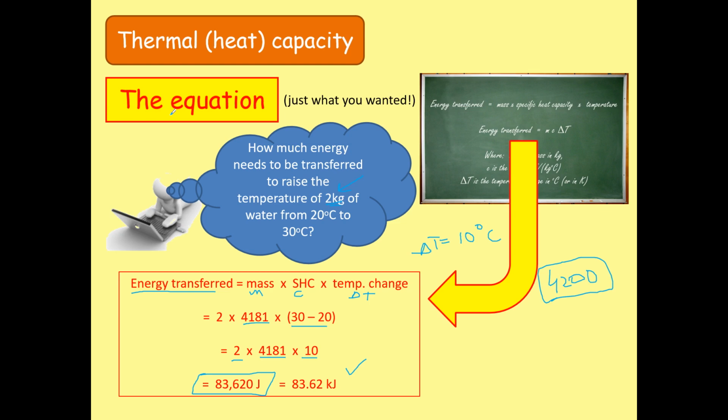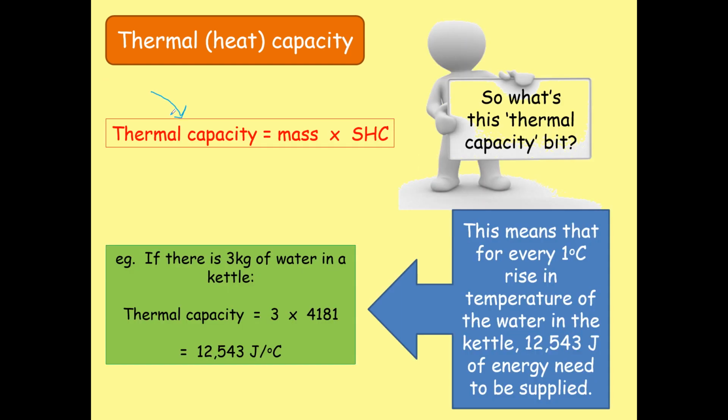This is how we measure how much energy is required for a specific mass. So thermal capacity is actually the mass that you have multiplied by its specific heat capacity. This is the amount of energy that you would require to increase its temperature, right?